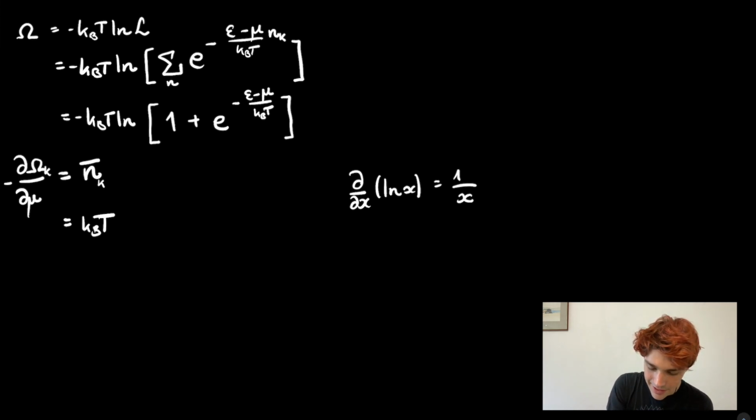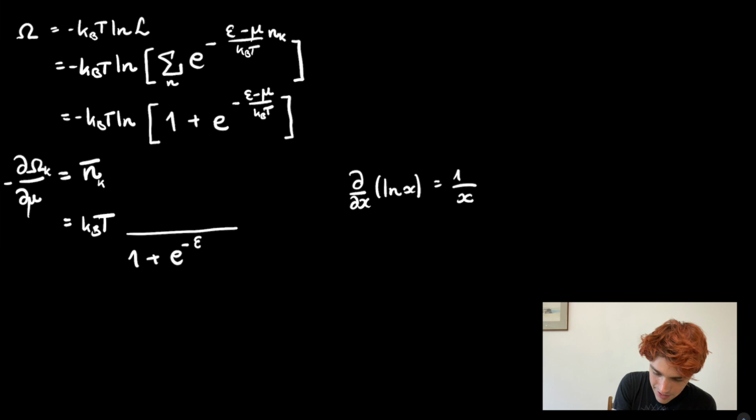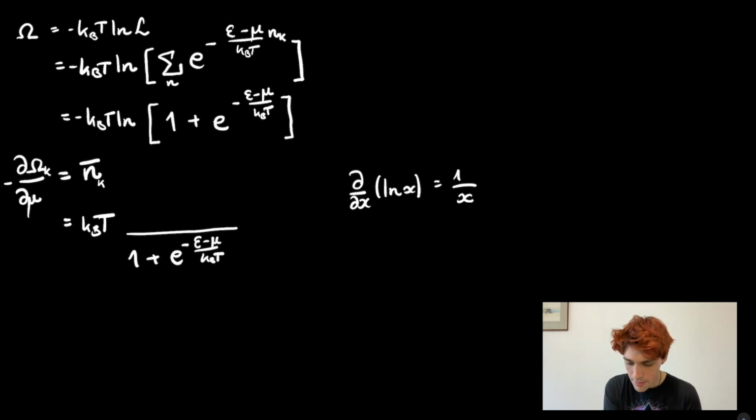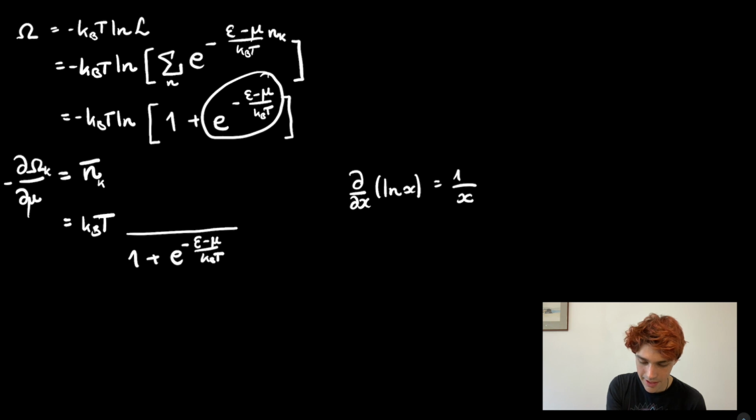We're going to get 1 over whatever's in this log term, so we put all this in the denominator: 1 plus e to the minus epsilon minus mu over kBT, multiplied by the inside derivative. The 1 is just going to go, and now we just have to differentiate this bit.